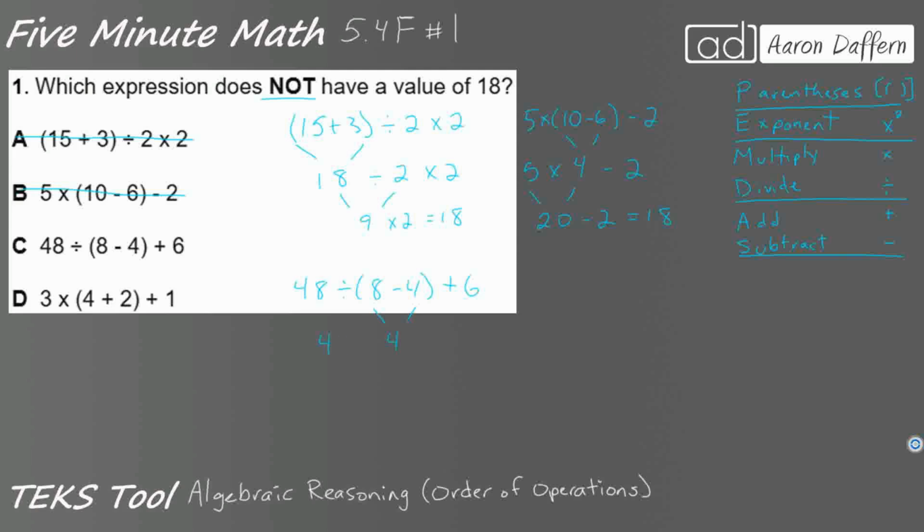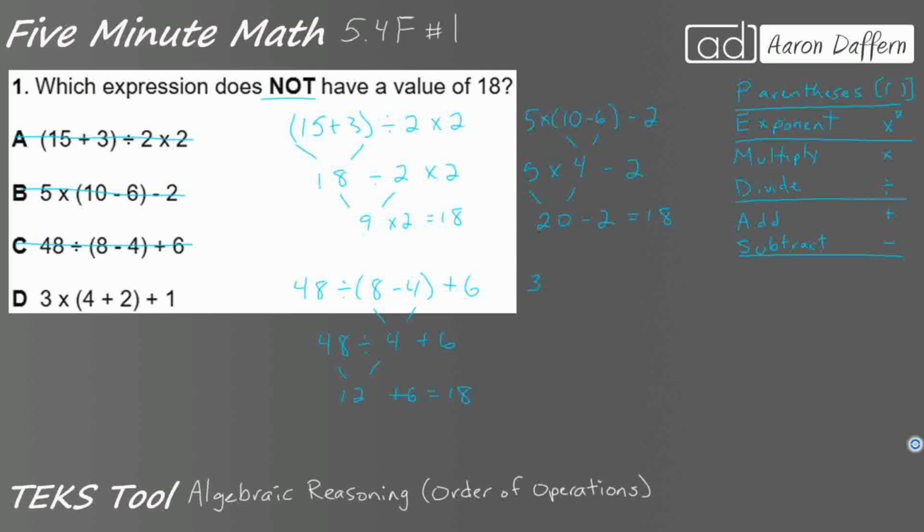Now, we can go ahead and do the 48 divided by 4 because we're simply left with a division and an addition, and we're going to divide first. 48 divided by 4, that's going to be 12 plus 6. That also equals 18. All right, so let's hope D is our correct answer, something other than 18.